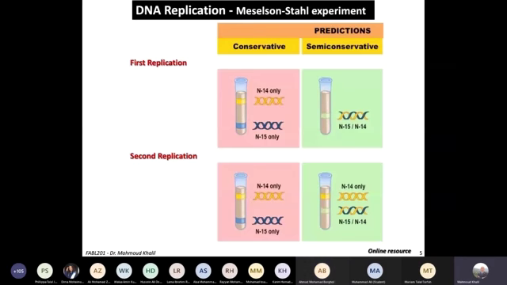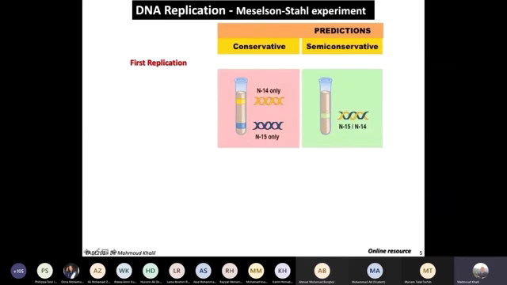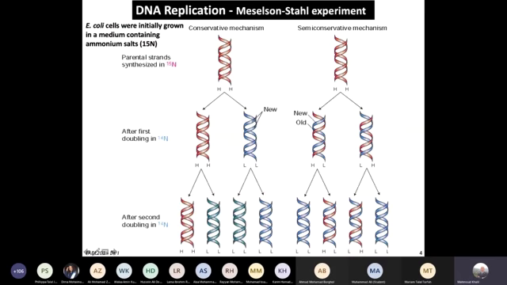For the second replication, let's first go over the first round. You can see there are two populations: totally double-stranded normal DNA, LL, and totally double-stranded heavy DNA, HH. Here you have a hybrid double-stranded DNA of N15 and N14, and this is the first replication. Going back to the slide, in the conservative mechanism, theoretically, you have only HH and LL, while in the semi-conservative, you have only HL.